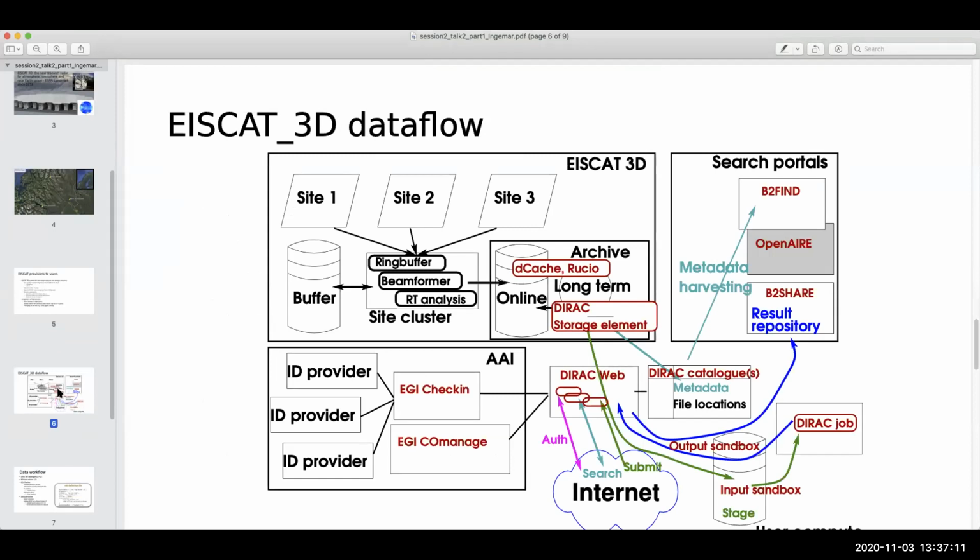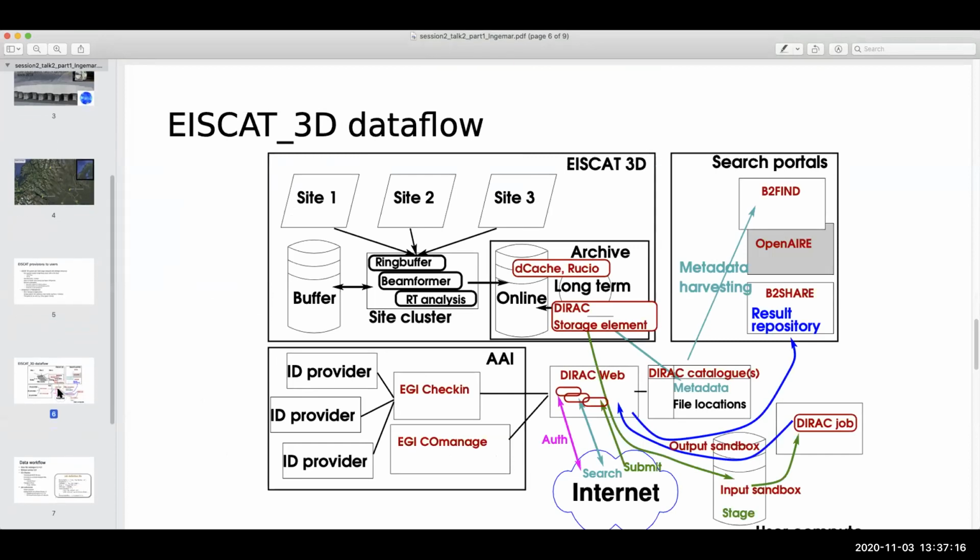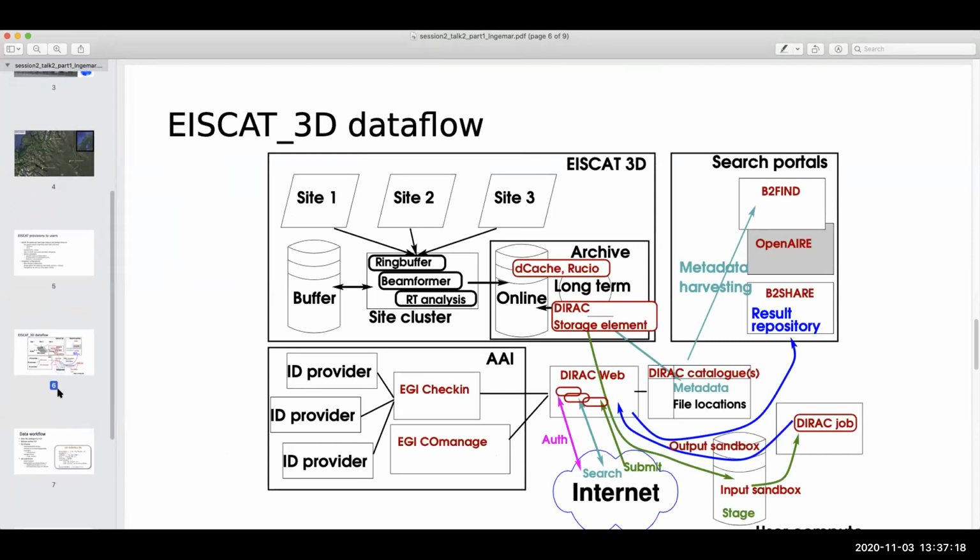We have been looking at a number of techniques. We have Dcache, as I said, and root shore. We are building our web based on Dirac, which is the user portal for data handling and processing.